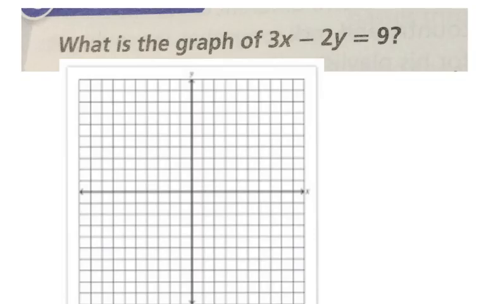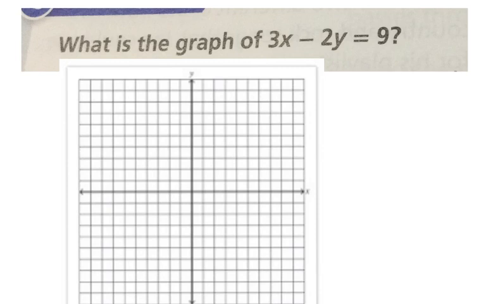So here, we're going to graph it. What's the graph of 3x minus 2y equals 9? Good question. Have I told you it's not great for graphing? But I'm going to show you how you can graph with it, but that's not its best strength. I wish it was that simple.